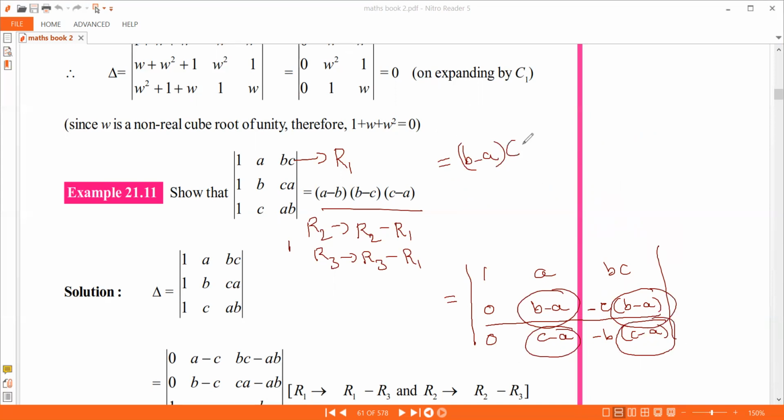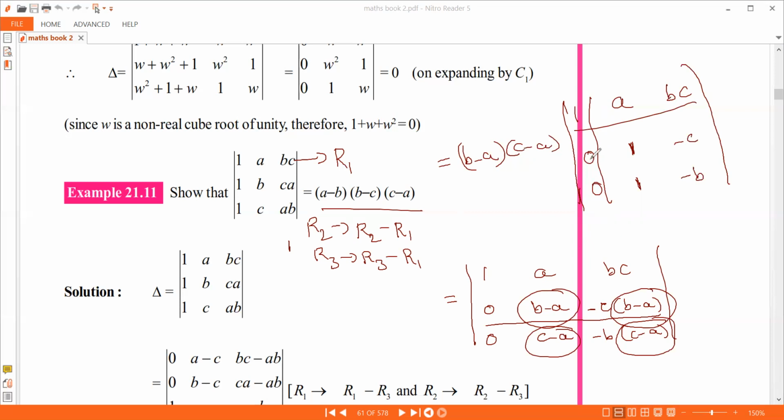So B minus A into C minus A I got. And now I got 1, 0, 0. Instead of B minus A, 1 is here. I have taken the B minus A out. So here BC will be there. This becomes minus C here. And now here C minus A is also out, 1 here, and again here minus B. Clear?